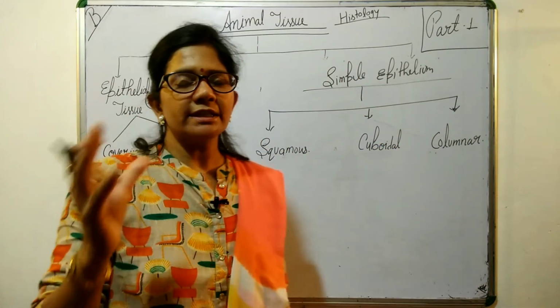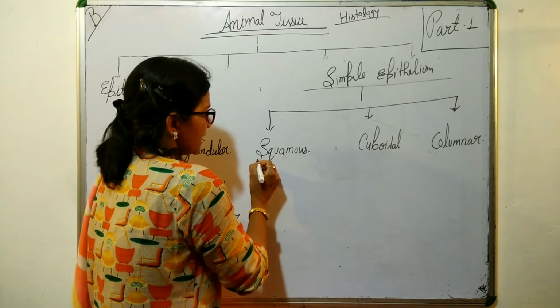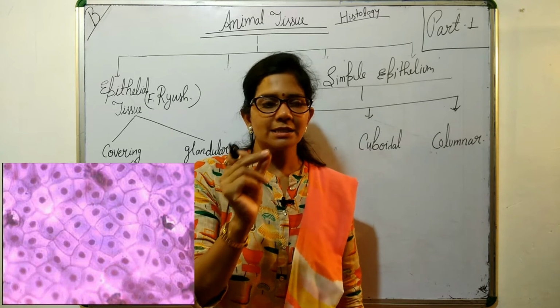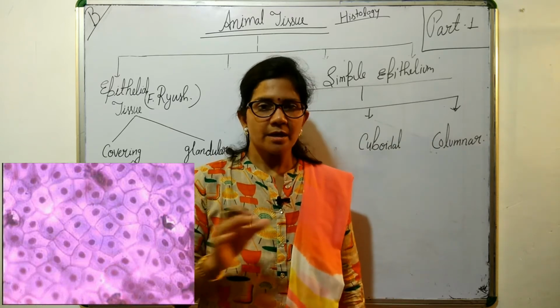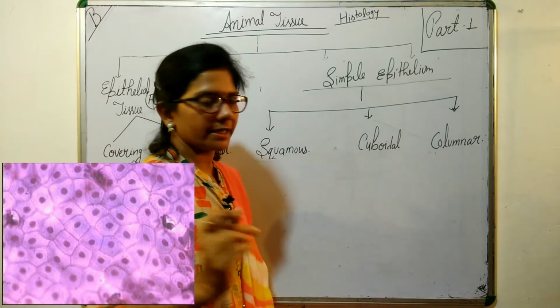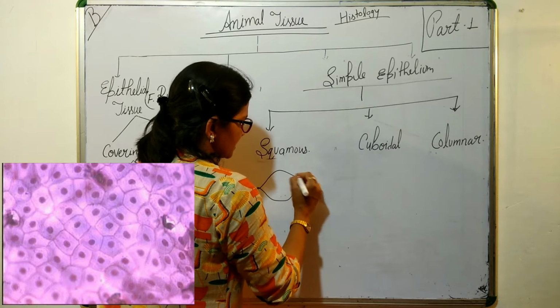Let me tell you the different structures. The squamous epithelial cells have a two-dimensional structure, meaning they don't have much thickness. They are thin, and you will see the structure like this.